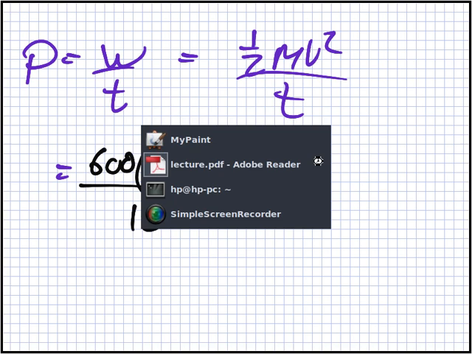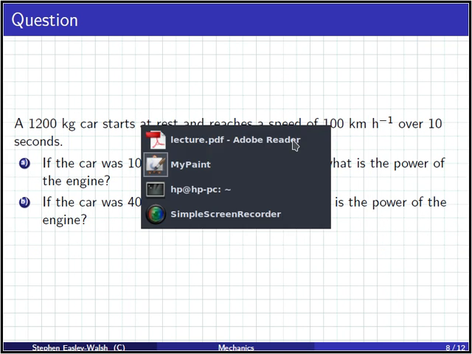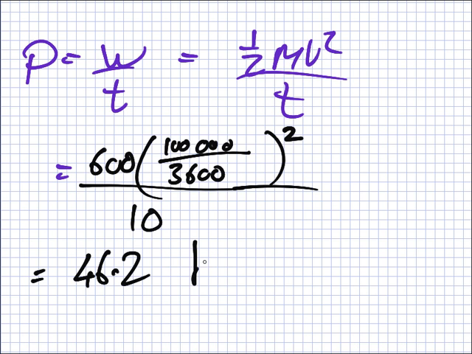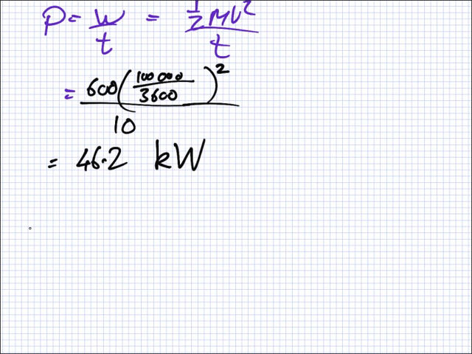And the v, well, it's 100 kilometers per hour, so that would be 100,000 meters per 3,600 seconds, squared. So what did you get? Alright, so that is 46.2 kilowatts. Now, the next part is the efficiency is 40%.